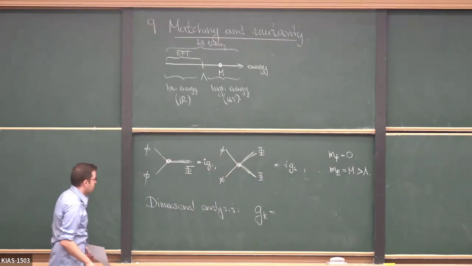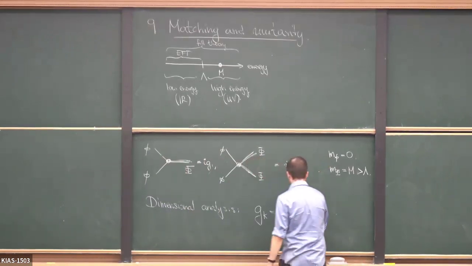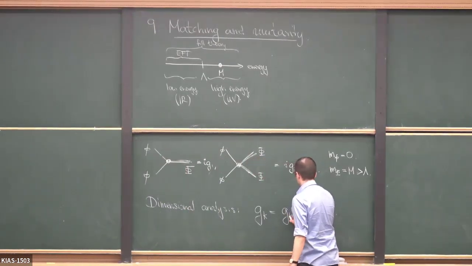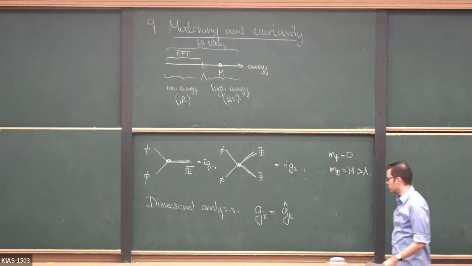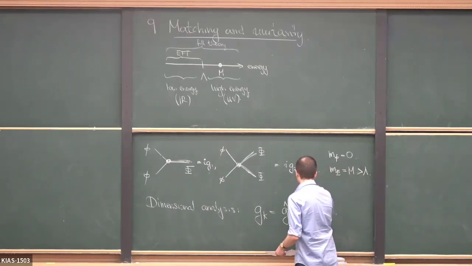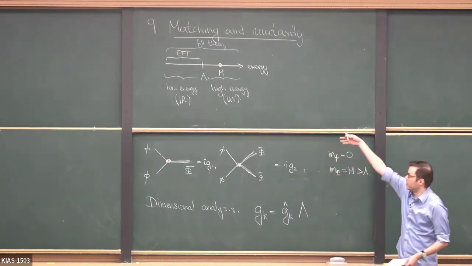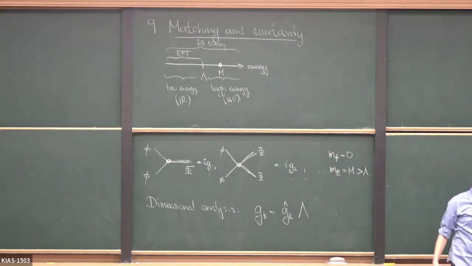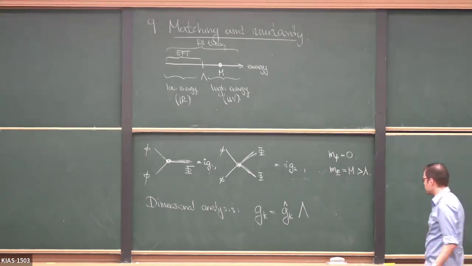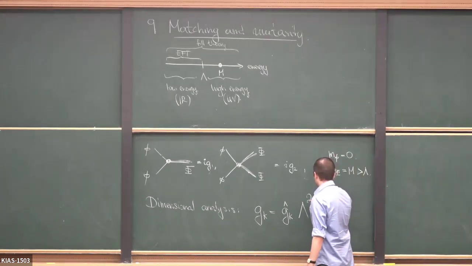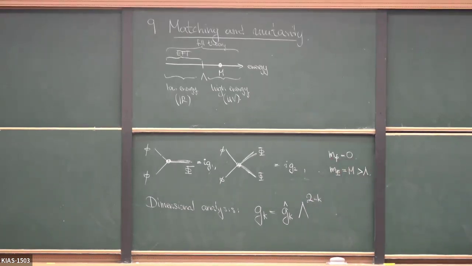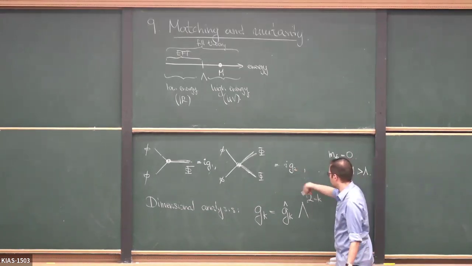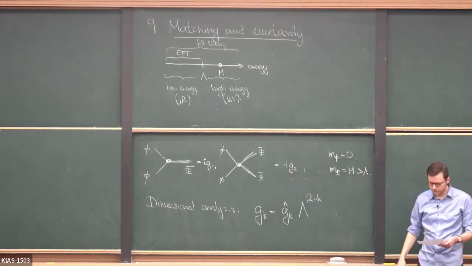Okay? So one way I can implement that is that I'm going to write G hat for a dimensionless quantity. And then what I can do is use capital lambda, which is my natural energy scale, to set the units. Okay, so if I work it out, then the dimension is 2 minus k in this case. So this is what I said. If k is equal to 2, then this is dimensionless, for example.